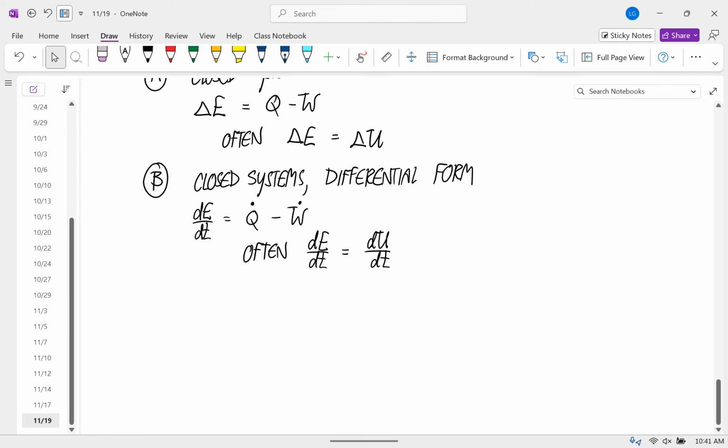So the first one is conduction. And so Q dot is equal to negative kappa times A times dT/dx.